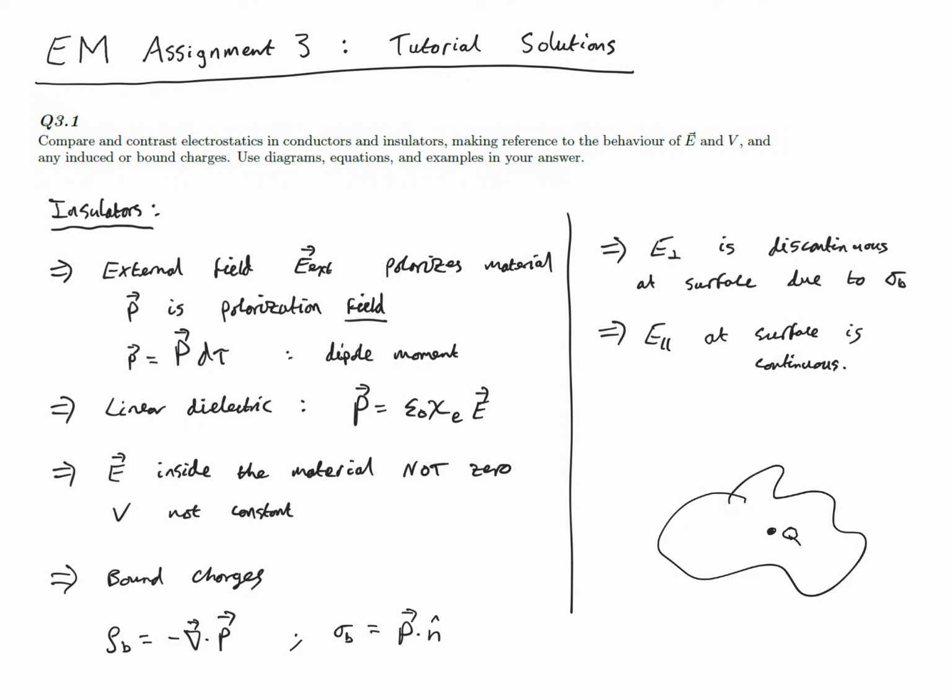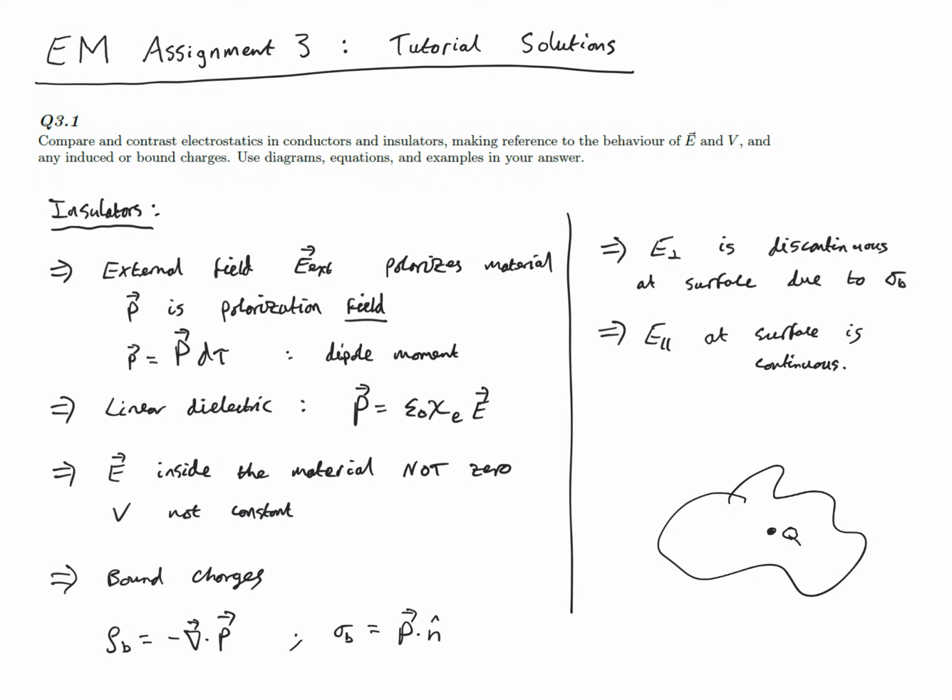The charge Q, of course, generates its electric field due to the Coulomb law, and that electric field will polarize the surrounding dielectric material, and it does so in such a way to partially cancel out the effect of the electric field, as you might expect.